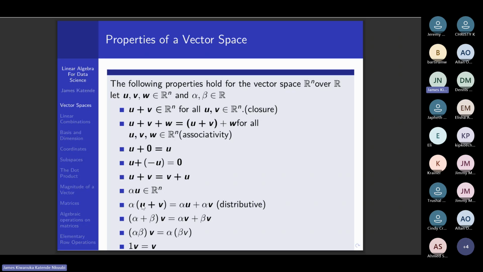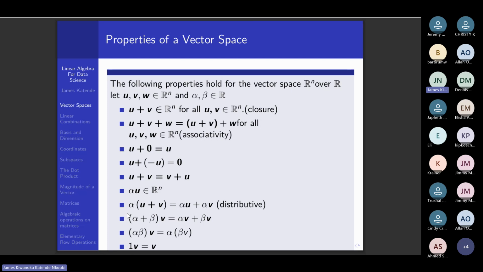And then the distributive property: you can multiply the sum of two vectors by a scalar, and that scalar can be distributed across the two vectors. On the other hand, you can also add two scalars and multiply by a vector. So alpha and beta are scalars.